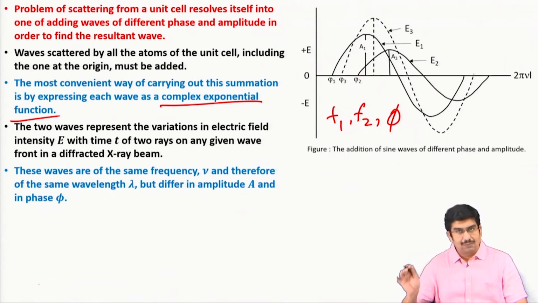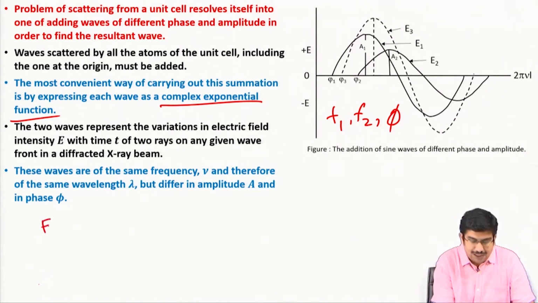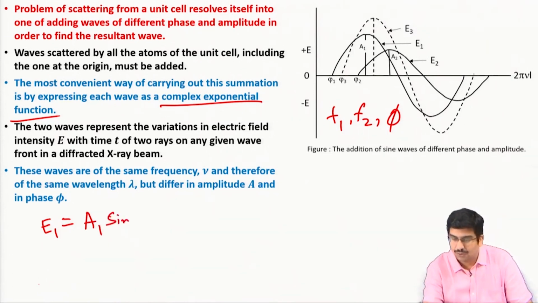So we can imagine these two waves as two sine waves whose electric field vectors vary with time, and then we can add them up to get the resultant wave. The way we can express these, one is this E1, with A1 into sine, and both of them are sine waves, okay.